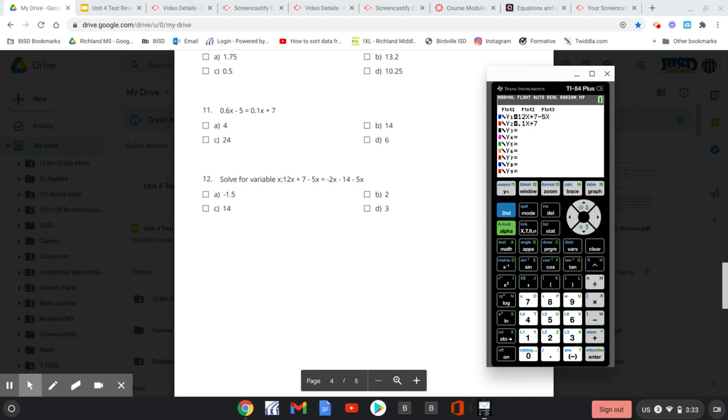Enter. And then we have negative 2x minus 14 minus 5x. I'm going to hit second trace 5. There's my lines. Enter, enter, and enter. So your x is negative 1.5.